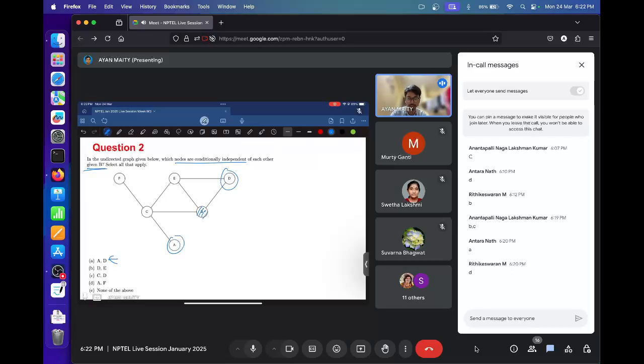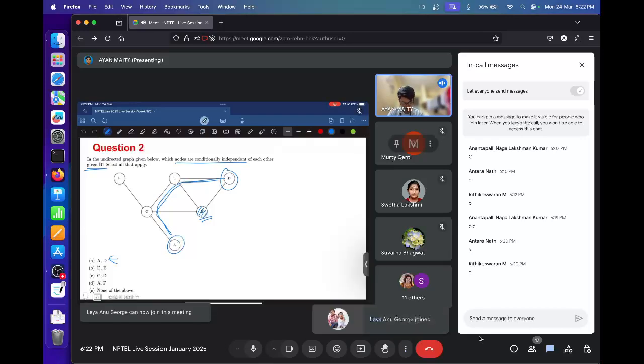We can easily see that a path exists that does not go through node B. So A and D are not independent of each other. B blocks one path, but B cannot block this other path from A to D. So A and D cannot be independent of each other.